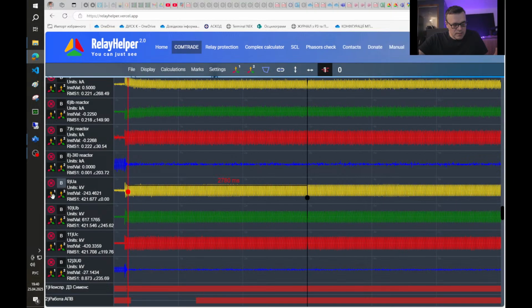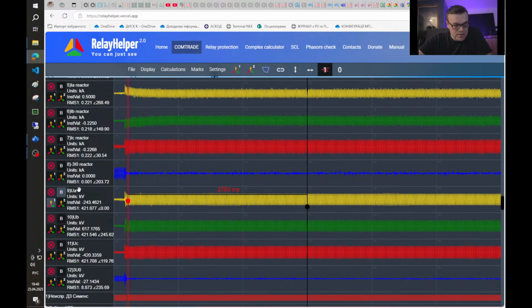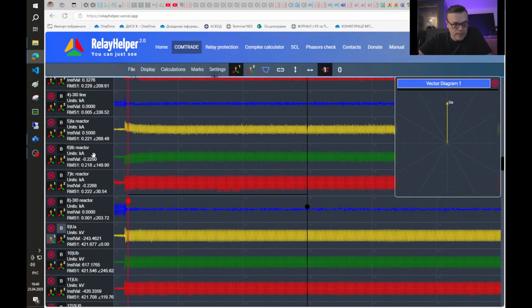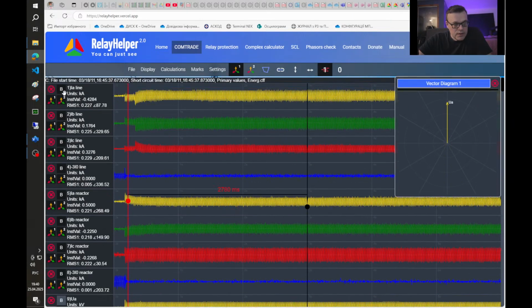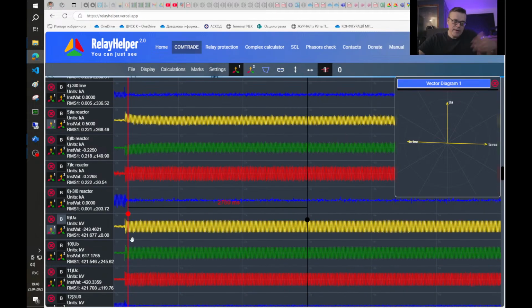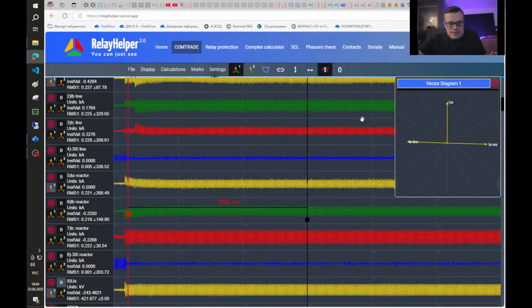So I make phase A voltage the base channel, add it to the vector diagram, and we'll see the phase A line and reactor. Now the voltage is from substation A side, and we can see this capacitance current.